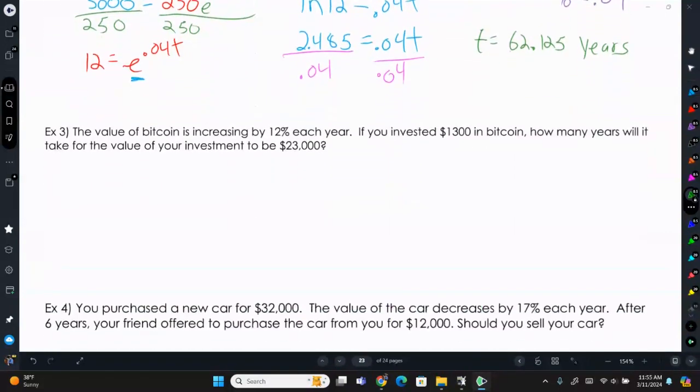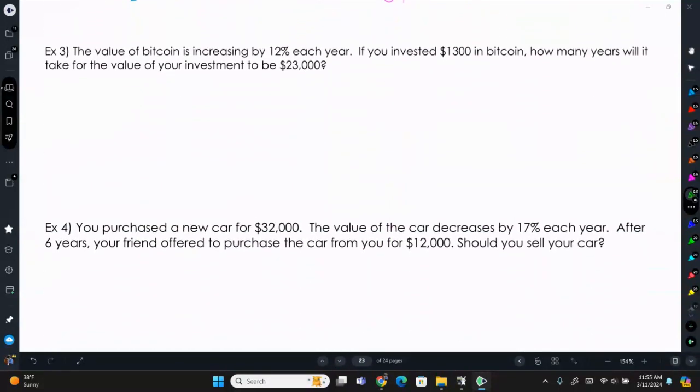All right, now example 3 says the value of Bitcoin is increasing by 12% each year. If you invested 1,300 in Bitcoin, how many years will it take for the value of your investment to be $23,000? Now, we don't see the word compounded anywhere, so that means we're going to be using the a equals p times 1 plus r raised to the t power, the simple exponential growth equation.